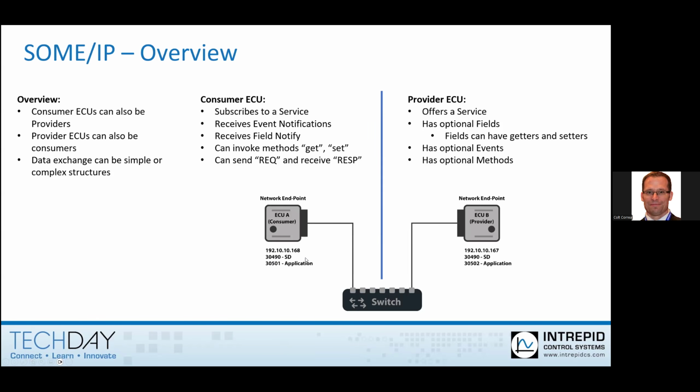If we are using service discovery, it is required that there is a multicast address space. So there will be a different Internet Protocol address, either IPv4 or IPv6, that is a multicast address space that would enable all ECUs within that SOME/IP domain to communicate with each other.